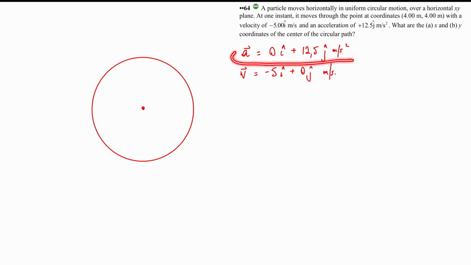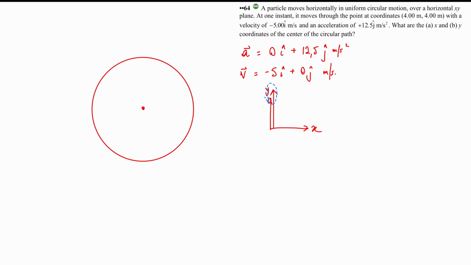Let's draw what this line would look like for the acceleration vector. This would be our acceleration vector. If this were a coordinate system, let's suppose our coordinate system was y this way and x that way. Our acceleration vector would look something like this.